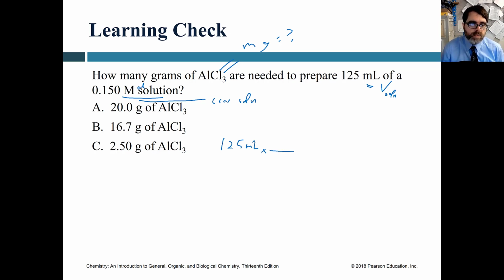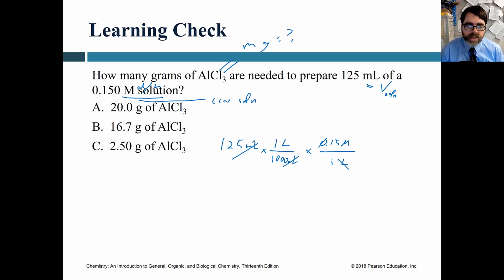Because molarity is moles per liter, I'm actually going to need to get rid of my milliliters first and get that into 1 liter there. So milliliters cancels with milliliters. I then have the molarity with 1 liter on the bottom and 0.15 molar on top.